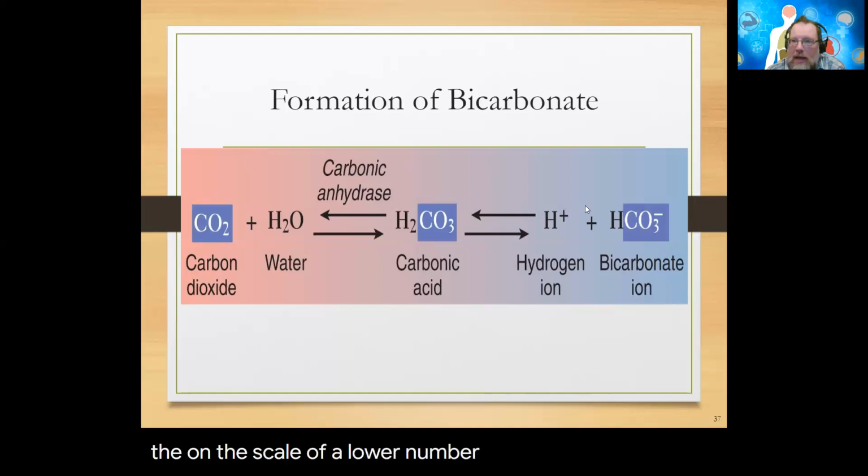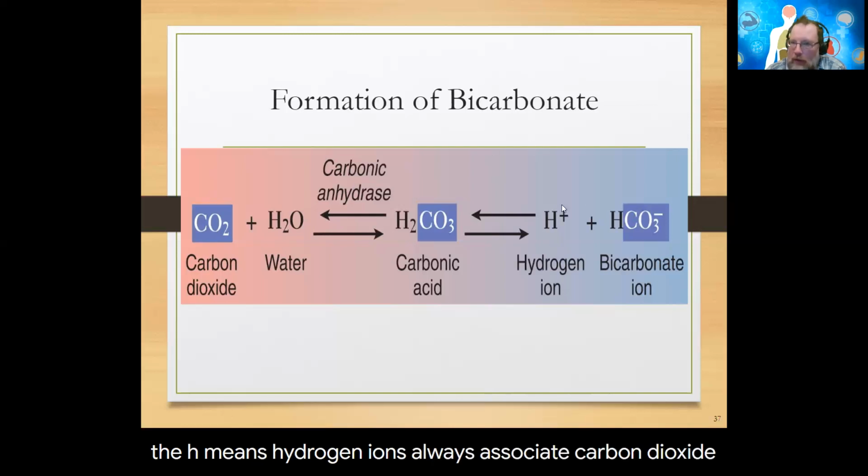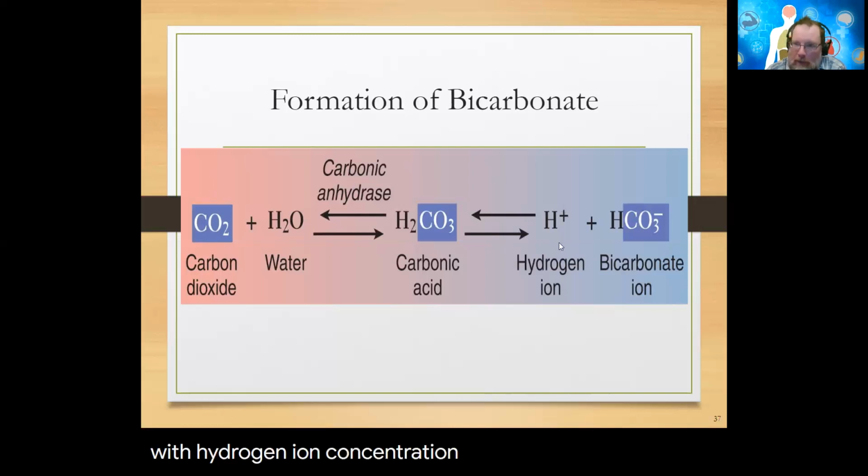Okay, so remember pH, the H means hydrogen ions. Always associate carbon dioxide with hydrogen ion concentration, which we would associate with pH values, acidity, and alkalinity, or acid-base balance.